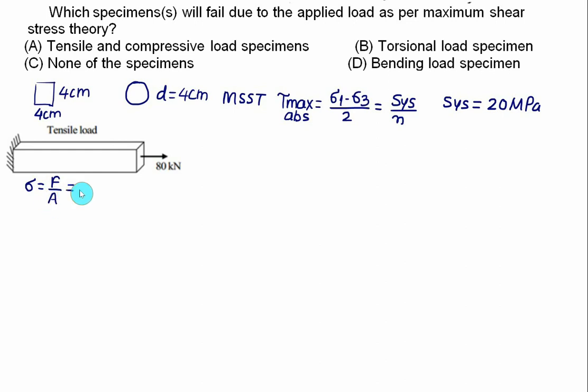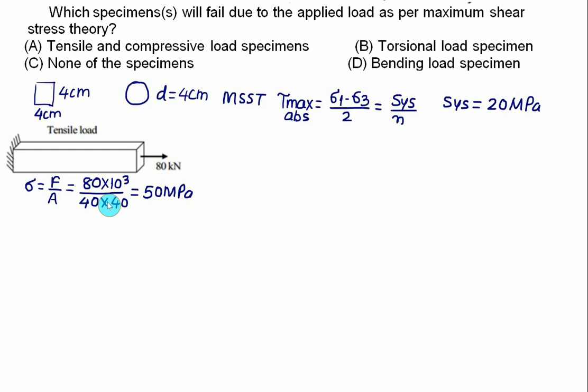The force is 80 kilonewton, 80 into 10 to the power 3, divided by the area, 4 cm by 4 cm, which is 40 mm by 40 mm, and you will get the stress in Newton per mm square, which is megapascal, and the answer is 50 megapascal.